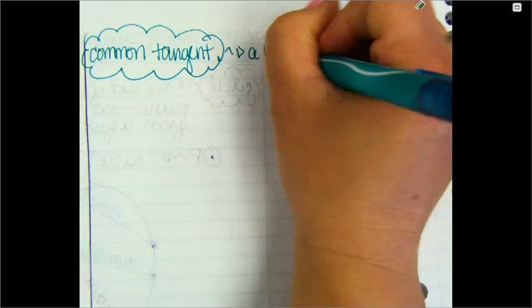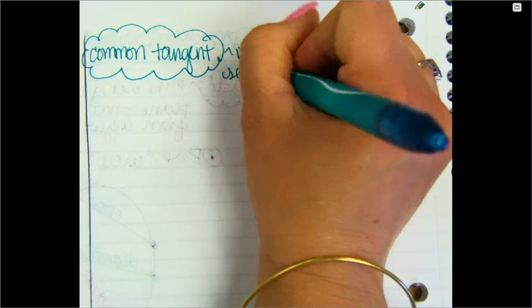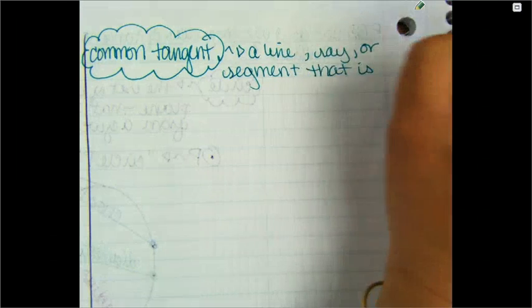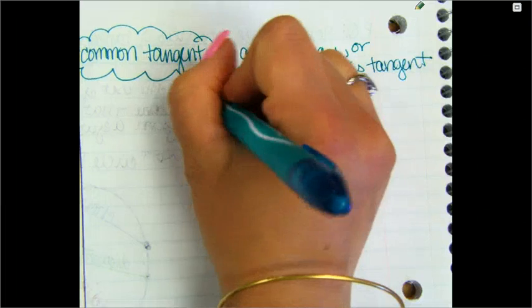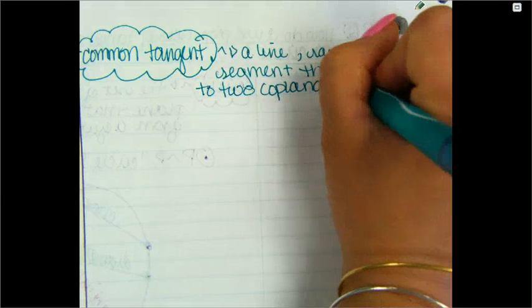Common tangent. A common tangent is a line, a ray, or a segment that is tangent to two coplanar circles.